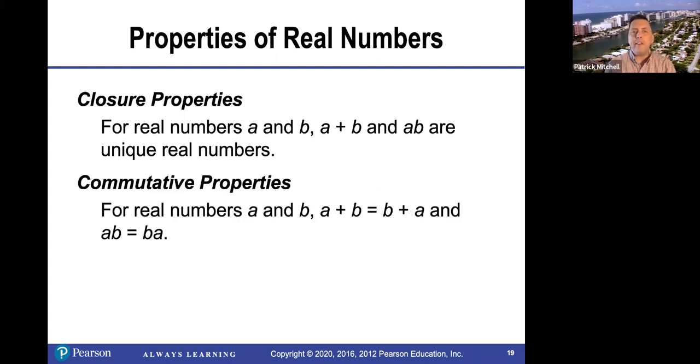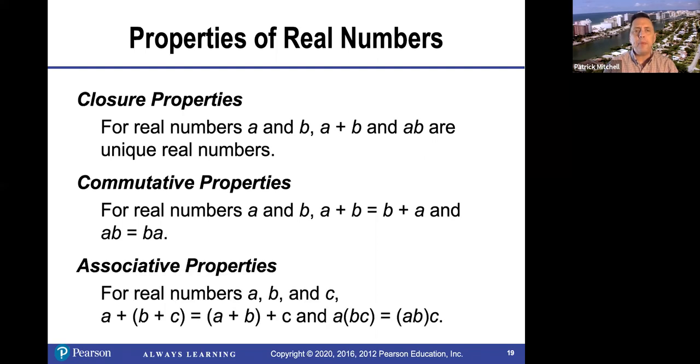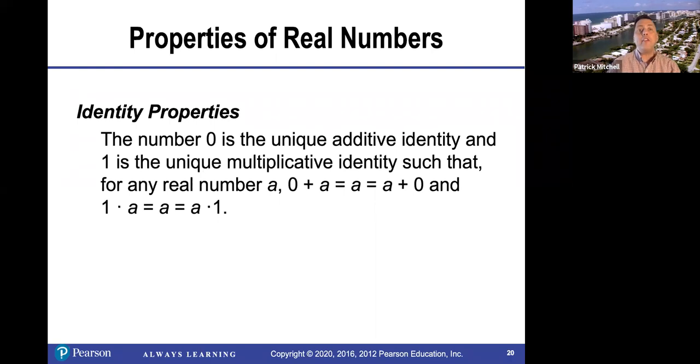Commutative properties: if A and B are real numbers, then A plus B equals B plus A, and A times B equals B times A. And you have the associative properties for addition and multiplication. You also have the identity property. 0 is a real number, so the number 0 is the unique additive identity.